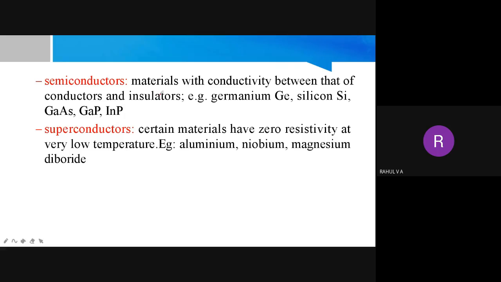And what about semiconductor? A material with conductivity between that of conductors and insulators is called a semiconductor. So one having some properties of a conductor and also an insulator is called a semiconductor. The examples are germanium, silicon, gallium arsenide, gallium phosphide, and indium phosphide. These all come under semiconductor.